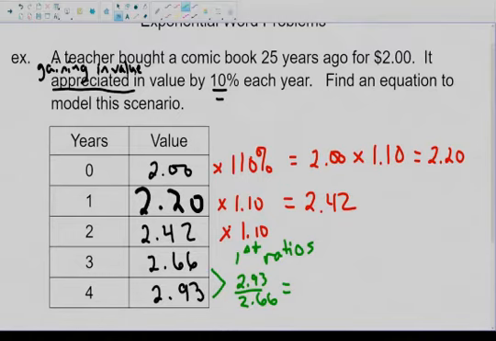It isn't going to be perfect because we did round off the 2.93, but you get your 1.10 back, which is what we were multiplying by anyway.